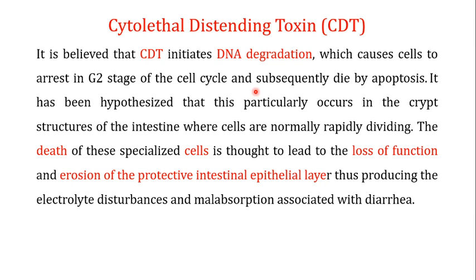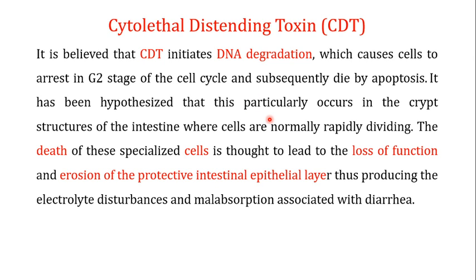Now what happens with the typhoid toxin is that when the CDTB starts the degradation of the DNA, the degradation is so intensive that the DNA repair system is not able to repair it, so the process of apoptosis starts, and hence the cell that has been infected by the typhoid toxin dies out.